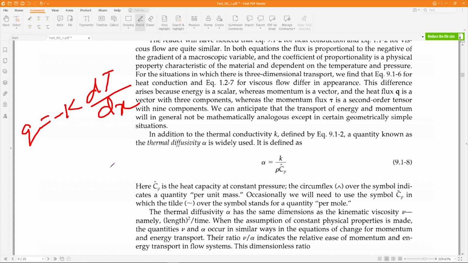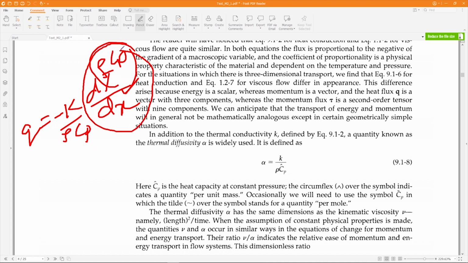So you have to divide by rho Cp and here multiply with rho Cp. Then this becomes the heat concentration gradient, that is, heat per unit volume divided by the distance. This term is called thermal diffusivity alpha.